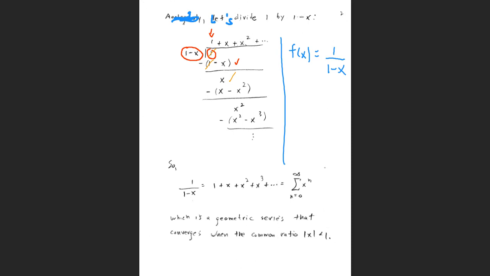Then we have to ask, okay, 1 minus x, how many times does it go into x? Well, it goes in x times. X times 1 minus x is x minus x squared. We subtract x minus x squared, and that's going to give us a positive x squared.